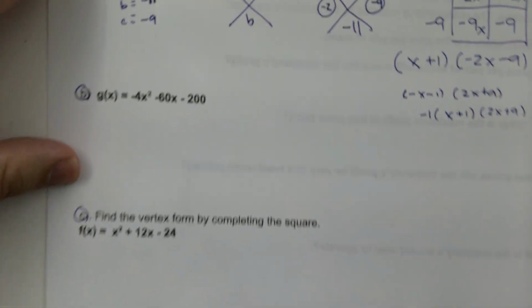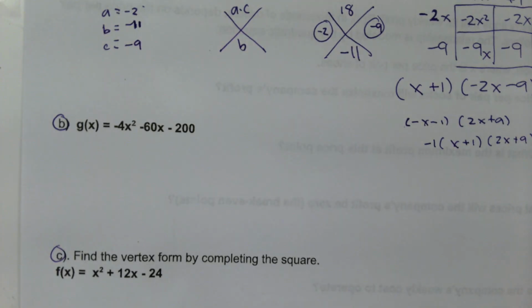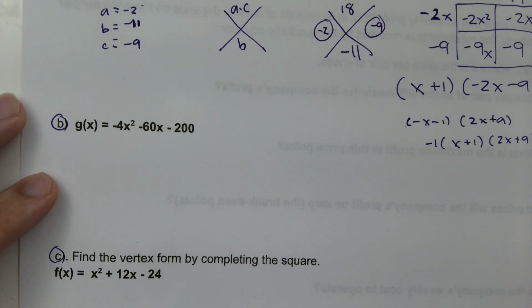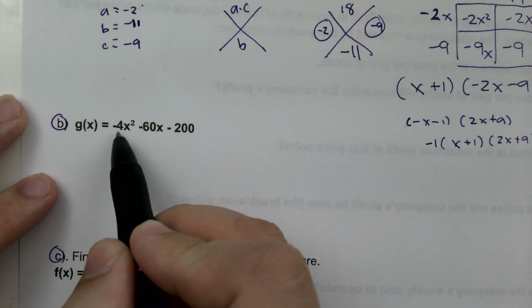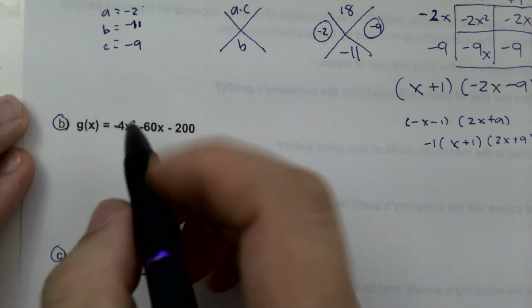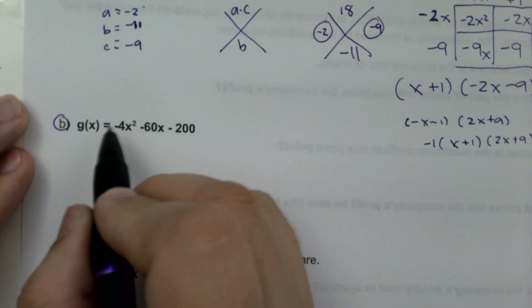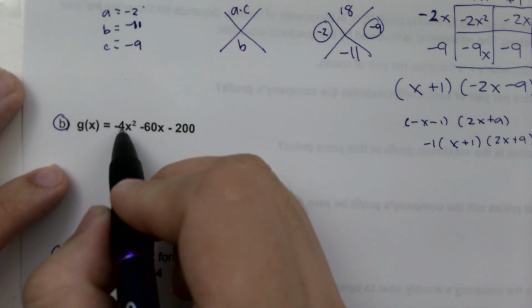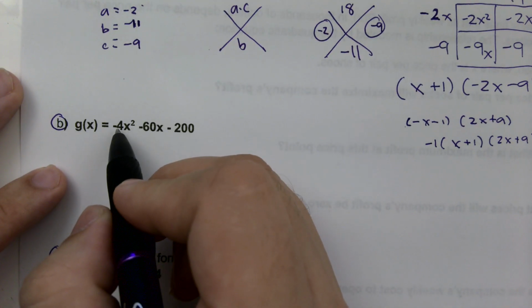On the next one, I'm going to factor out the greatest common factor because I want you to get to that point. We might just not be there. -4x squared minus 60x minus 200. Well, 4 divides all of these three numbers evenly, so I will take out a -4, because the first term is negative.